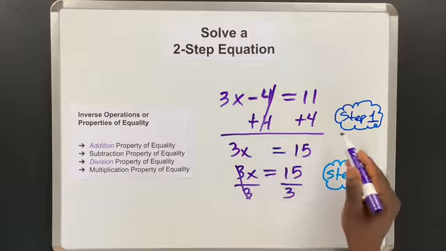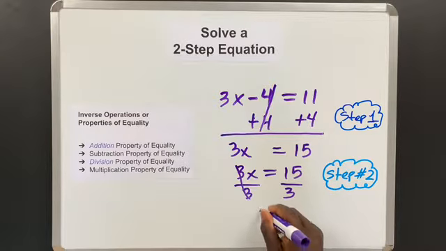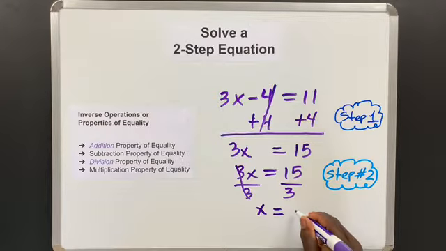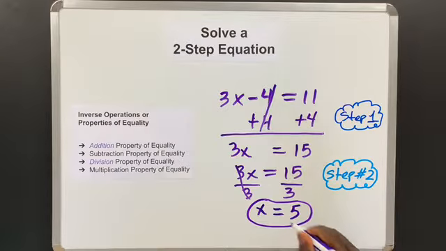Step number 1, we added 4 to both sides of the equation. Step number 2, we divided both sides of the equation by 3. We bring down the x equals 15 divided by 3 is 5. We have successfully solved for x, where x equals 5.